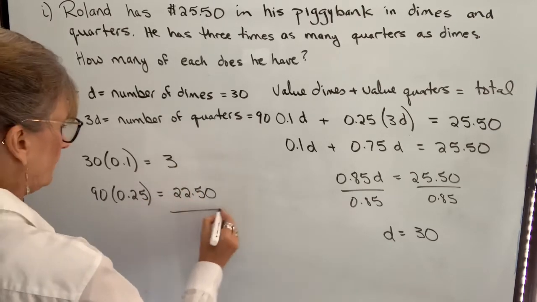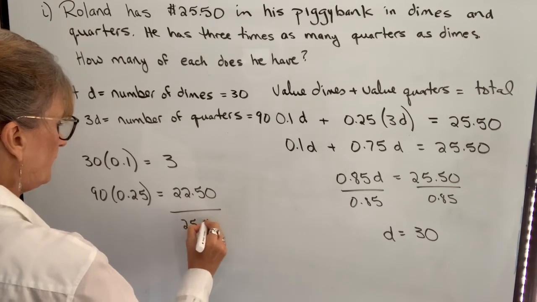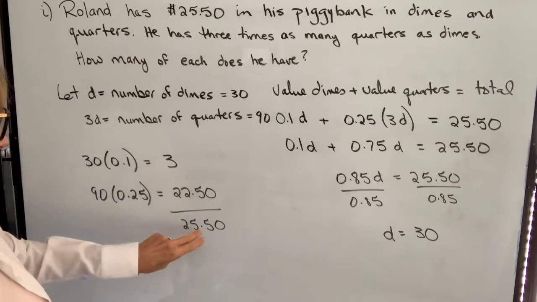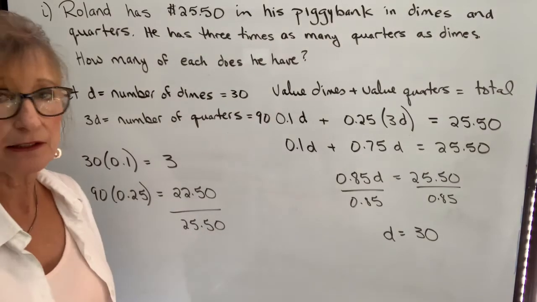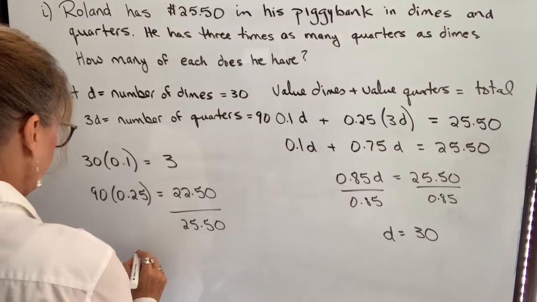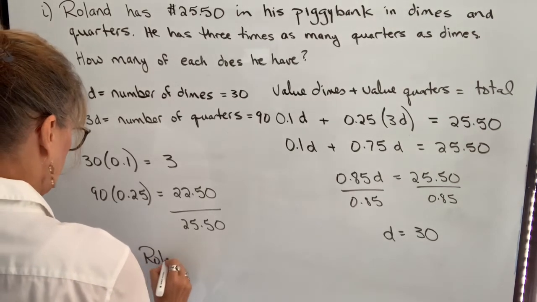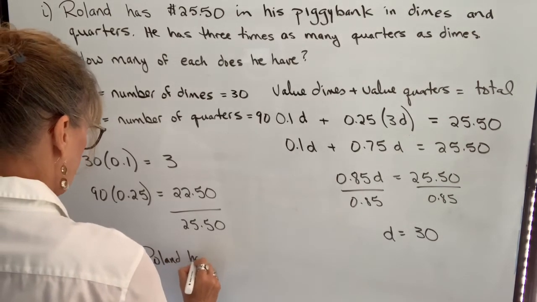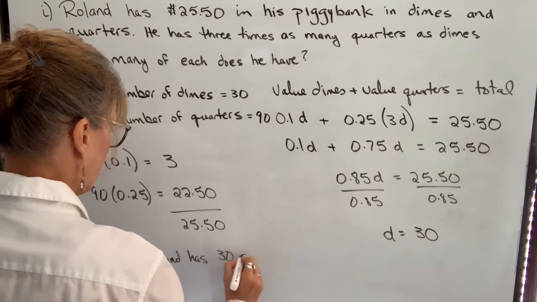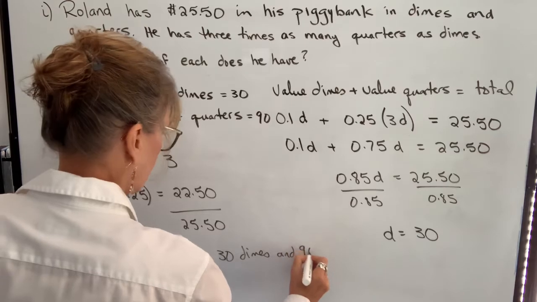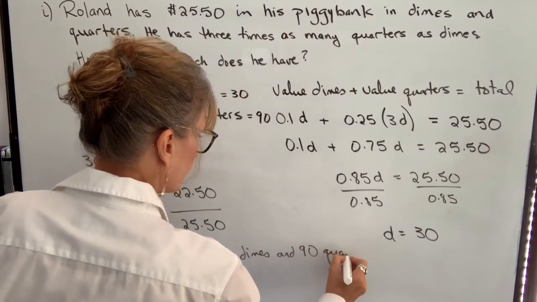Does this total give us 25.50? Yes, it does. So we've done a check. Now we can complete the problem by answering the question. Roland has 30 dimes and 90 quarters.